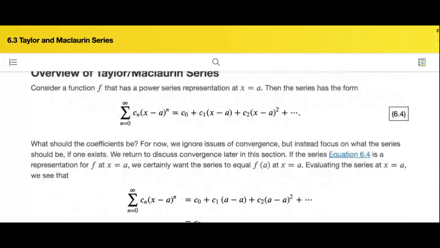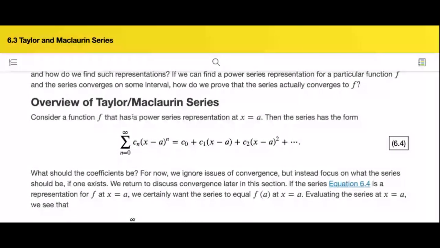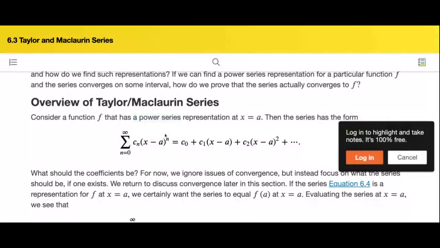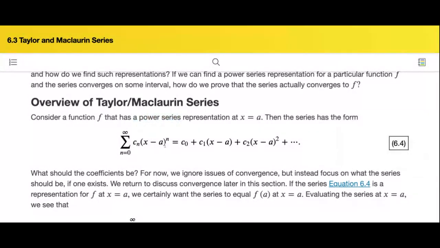In the beginning, we said, okay, now infinite series or power series, right? A power series can be represented this way. That's just the definition. The first term will be c naught, then plus c1 times (x minus a), plus c2 times (x minus a) squared, and so on and so forth.